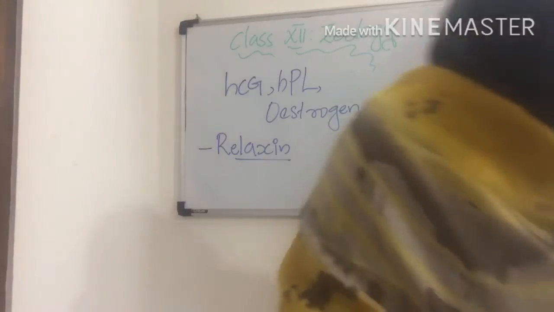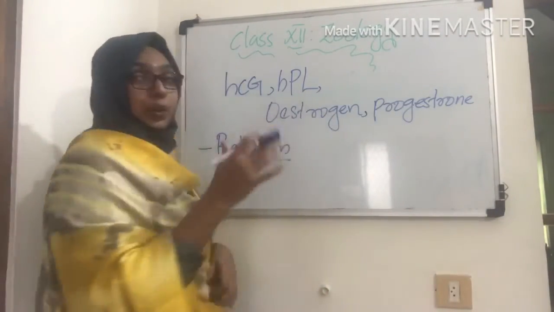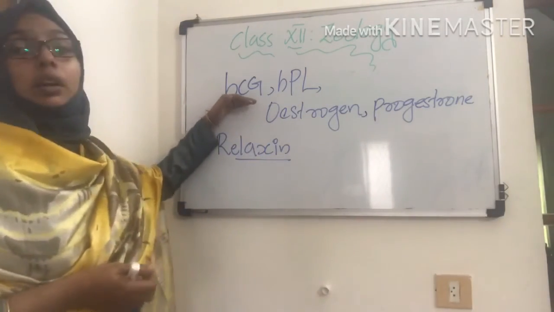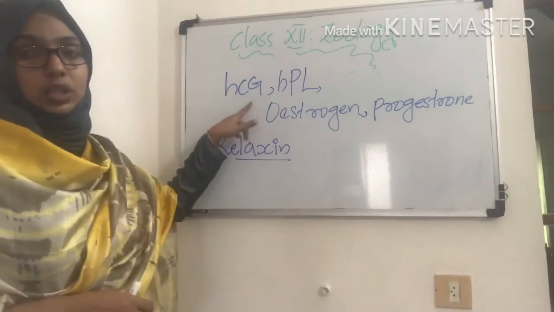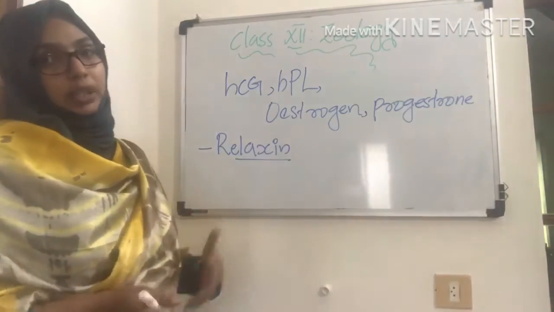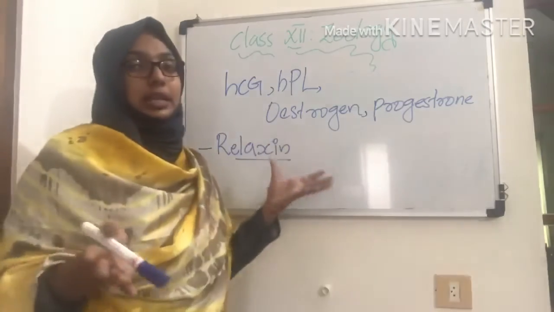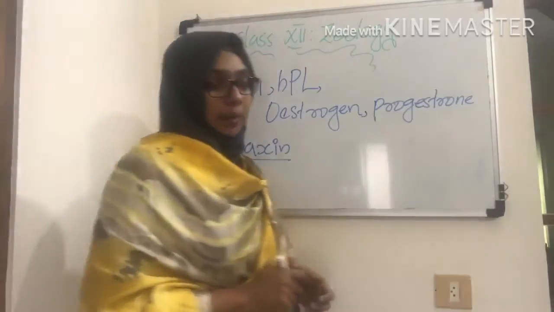Okay. And also in the pregnancy period, see, these hormones are produced only when the female is pregnant. So for the test of pregnancy, they check for the presence of HCG in order to tell whether the female is pregnant or not. Okay, so it's crystal clear that all these hormones are produced only at the time of pregnancy.